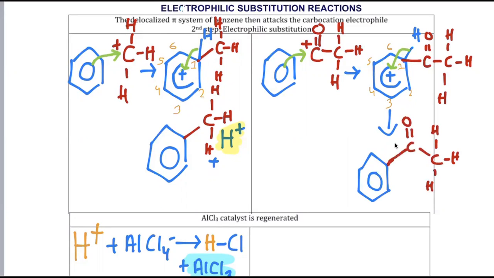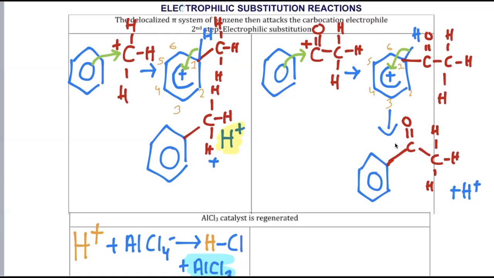And your side product is your H+. Okay? And then to regenerate your catalyst, this last step is optional, okay? If the question asks you to show the regeneration of catalyst, you draw the last step. Otherwise, you can just stop at step number 2, because if the question says show the mechanism to form this product, okay?